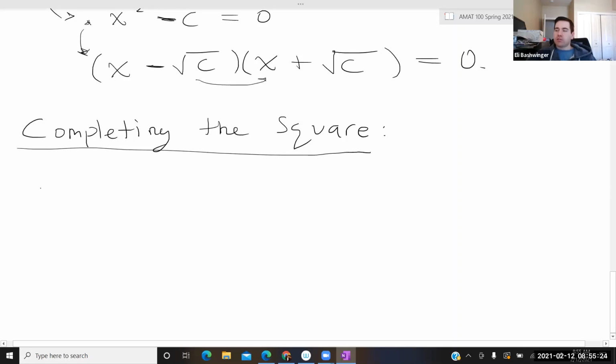I'll just illustrate this through an example. There's a more abstract, general approach, but an example is probably the easiest way.